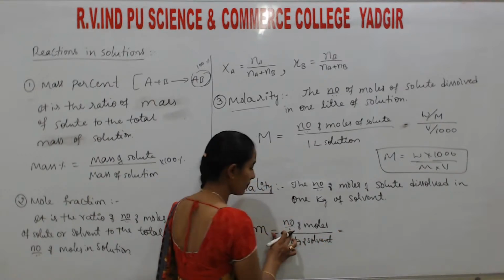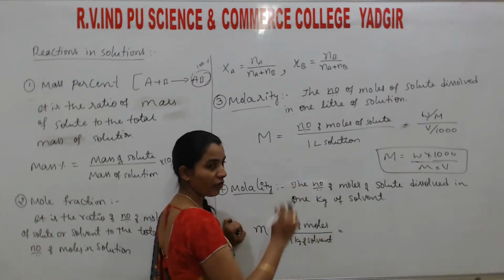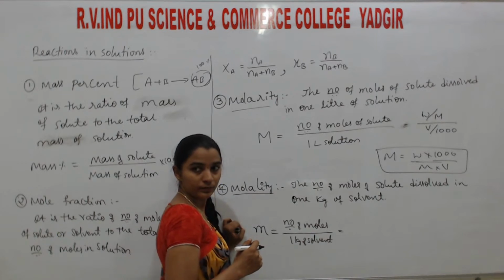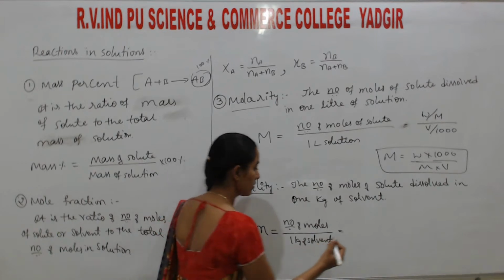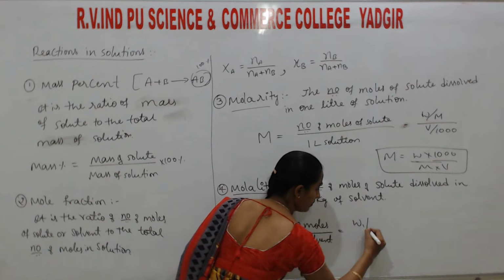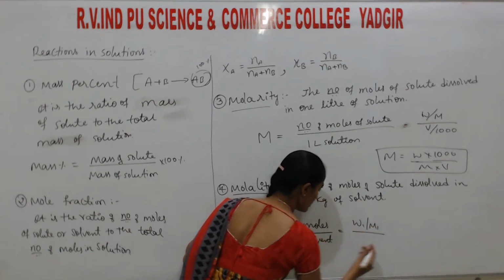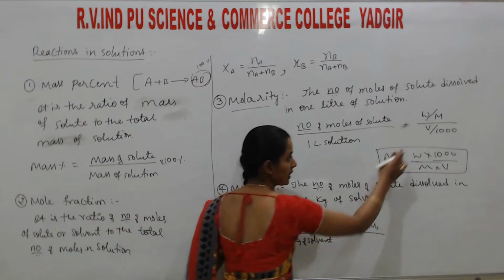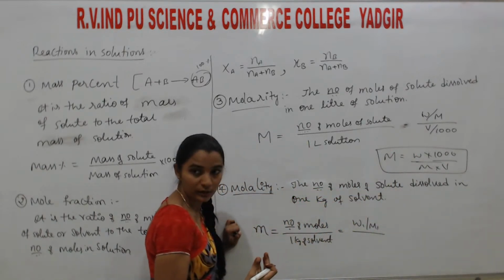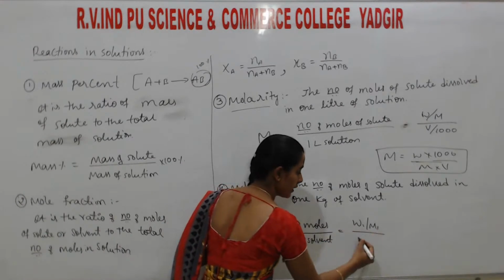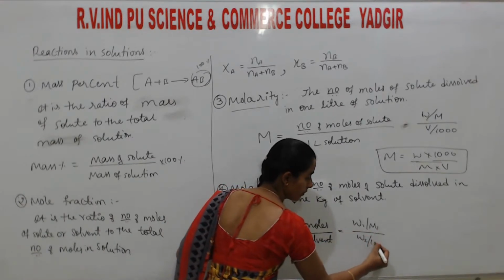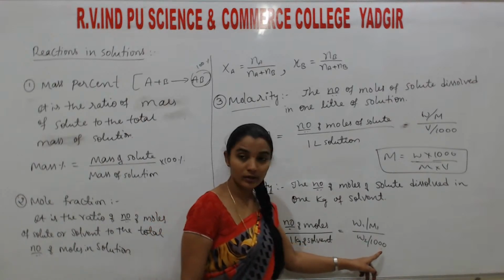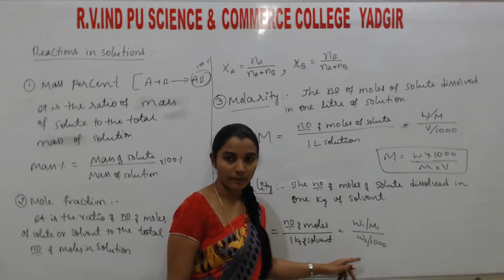So if you want to compare, students, as I told you, number of moles means W by M. So take W1 by M1, because here we are considering kg. Means this is also taken in gram only. W1 by M1, W2 by 1000. Why? Because we are comparing with respect to 1000, if it is given in gram.